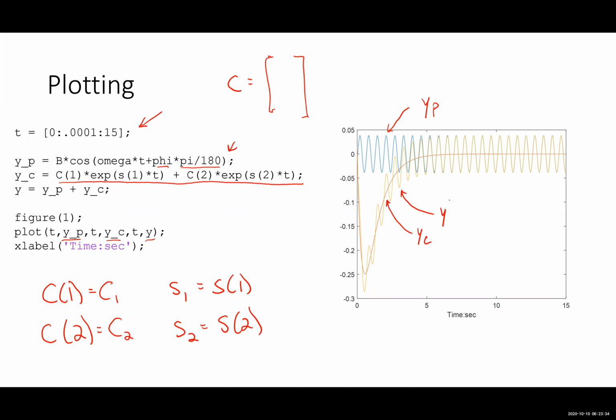The important thing to remember, yp doesn't exist on its own. Yc doesn't exist on its own. In the real world, the total solution is what happens, okay? And you see that once we get into steady state out here, and the transient is basically gone, the steady state solution and the total solution become the same, okay?